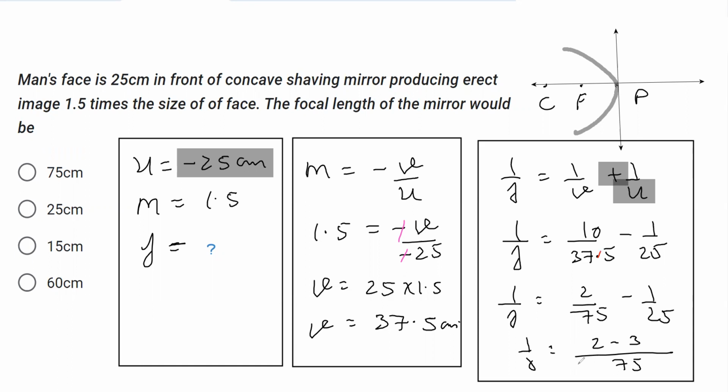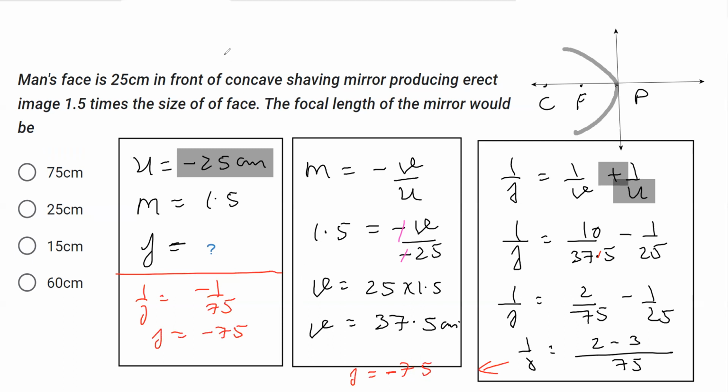Now with further cross multiplication, we can do this here. So once again, I can do a part of it here. We got 1 upon F as minus 1 upon 75. So by cross multiplication, we're getting F as minus 75.